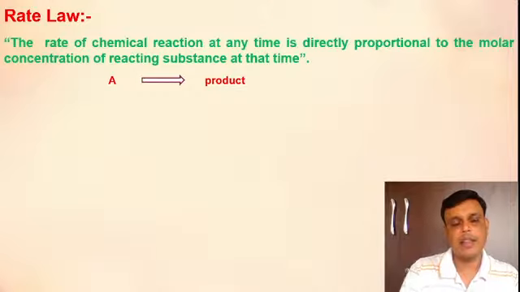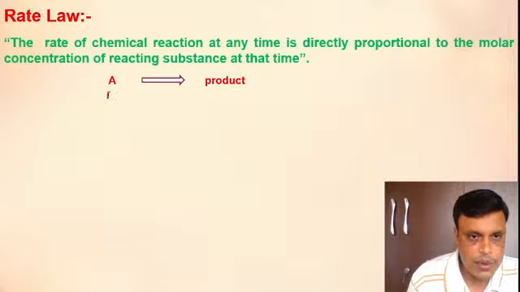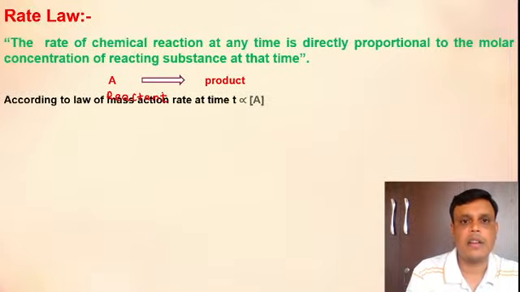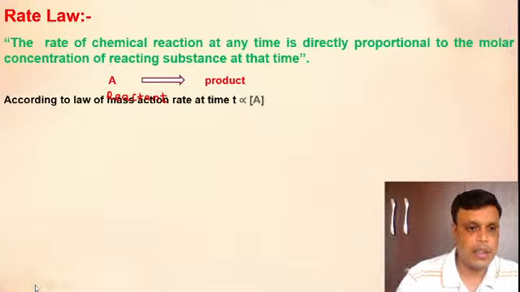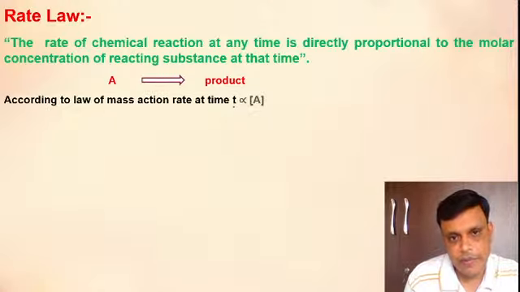For example, this reactant A goes on to form a product. So A is your reactant. For this reaction, according to the law of mass action, the rate at time t is directly proportional to the reacting substance.